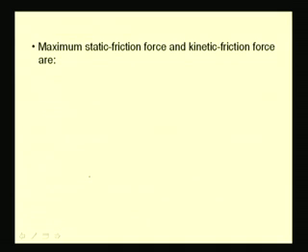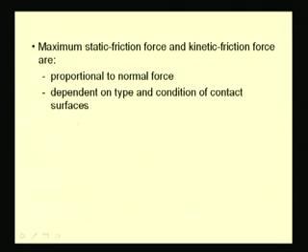This maximum static frictional force and the kinetic frictional force that we have seen are proportional to the normal force and depend only on the condition of the contacting surfaces, and they are independent of the contact area. This has been found again by a series of experiments.